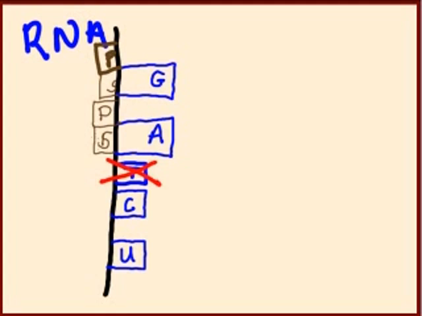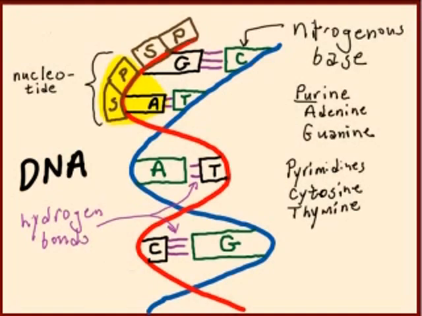Now, the sugar in RNA, that sugar is called ribose. And we are going to learn the structure. And that's why this nucleic acid is called ribonucleic acid, because the sugar is ribose. And let's just go back to DNA just for a moment.